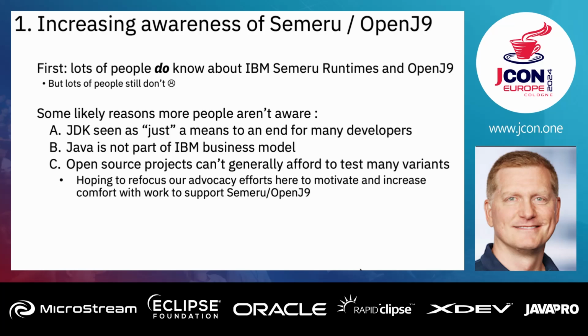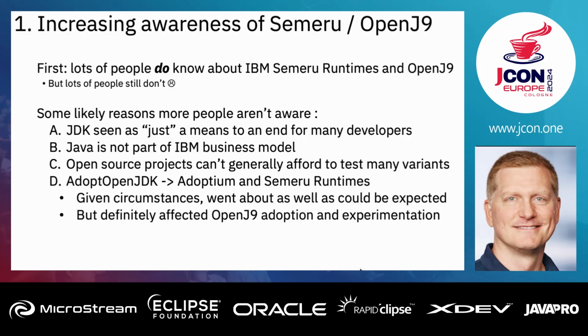Even though obviously they could reach out to the OpenJ9 project for help at any time. So this is one of the areas where we're hoping to refocus our advocacy efforts a little bit to try to motivate and help open source projects realize the benefits of OpenJ9, to understand that there are benefits to supporting OpenJ9, and then to see what we can do to help work with them to reduce the overhead costs to the projects to be able to support these things.